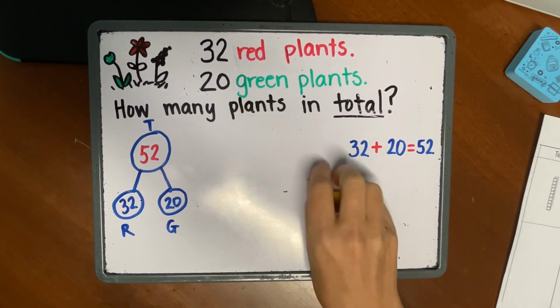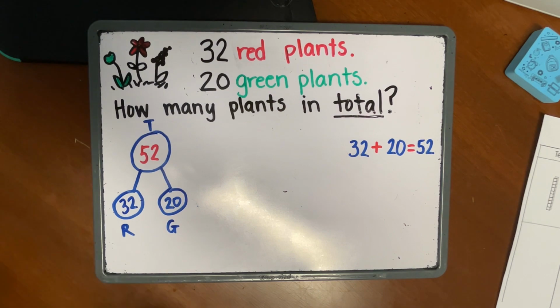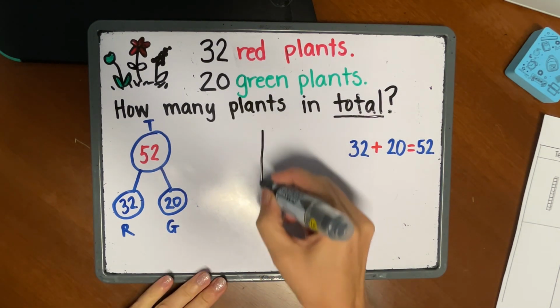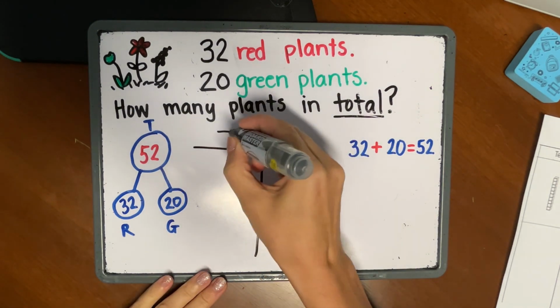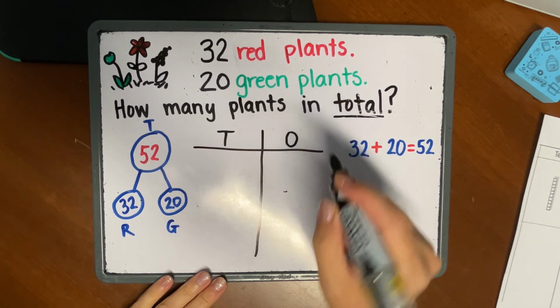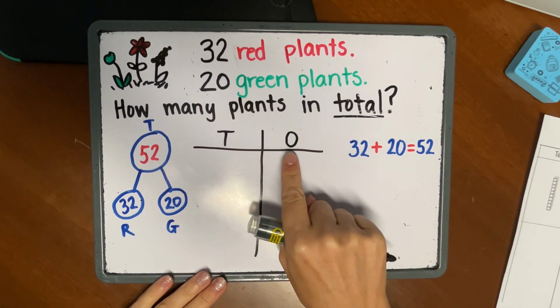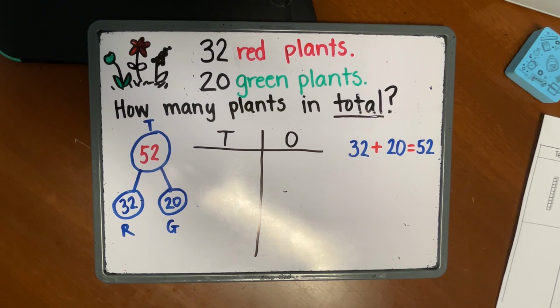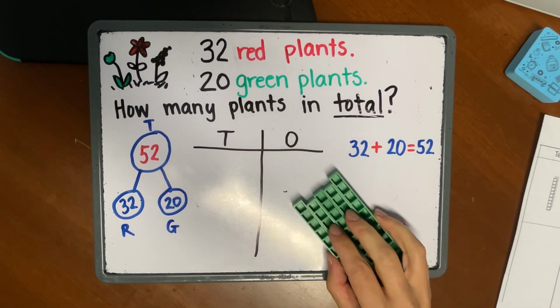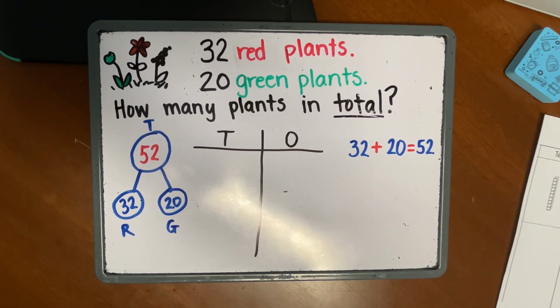I can even draw the place value chart. So I can show that I have 10s and 1s. T for 10s, O is what starts with 1s. And I want to draw it really efficiently. If you haven't drawn it yet, go ahead and pause the video and draw your 10s and 1s for this problem.